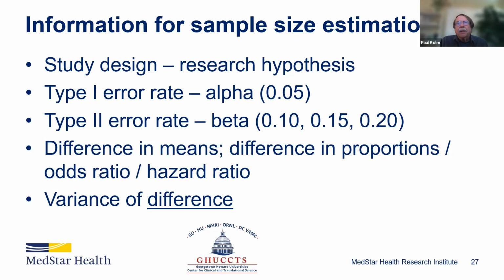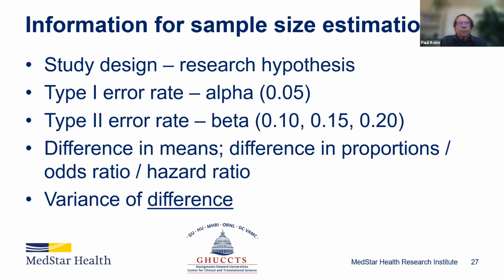And so typically, this is not so much standardized. But a lot of times you'll see the beta error rate of 0.2, which gives us 80% power, but often the error rate of 0.15 or 0.1, where we have 85% and 90% power, are often calculated.